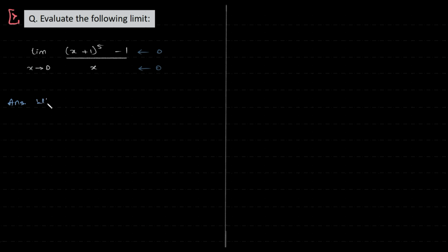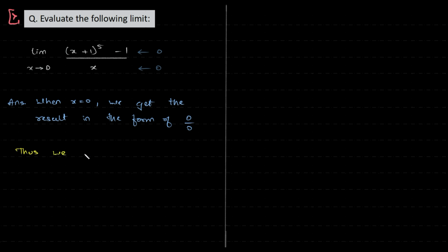We need to factorize it. So when x is equal to 0, we get the result in the form of 0 by 0. So we cannot use this to directly get the limit answer.